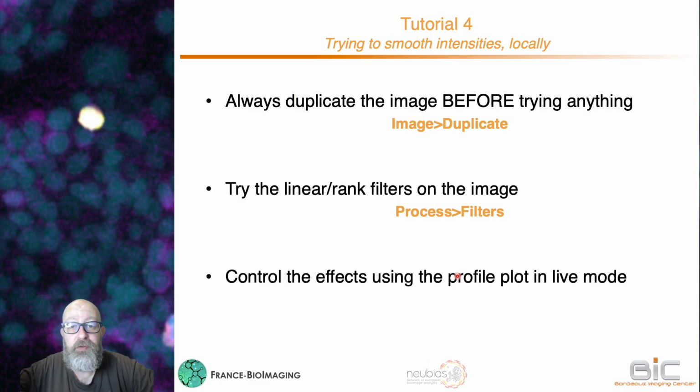Now, we will go back to Fiji and we will play with the two types of filters. We will focus on two specific filters, the mean filter and the median filter.